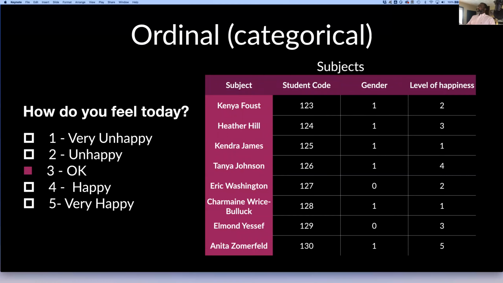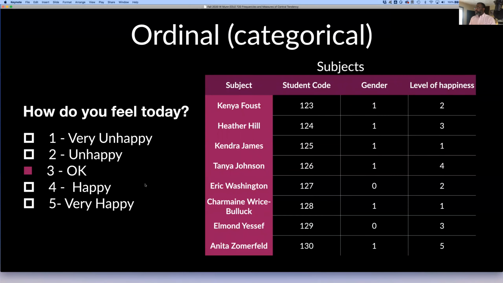But we have coded gender. 1 is for female, 0 is for male, and level of happiness. As you can see here, we have categorized it in its order. So Kenya is unhappy today. Tanya is happy.